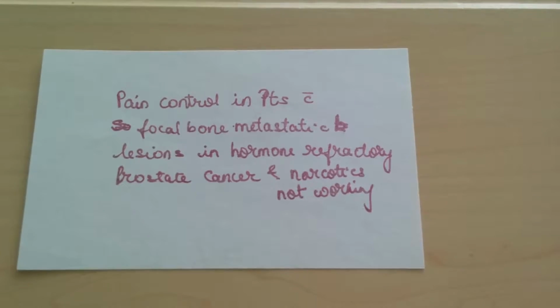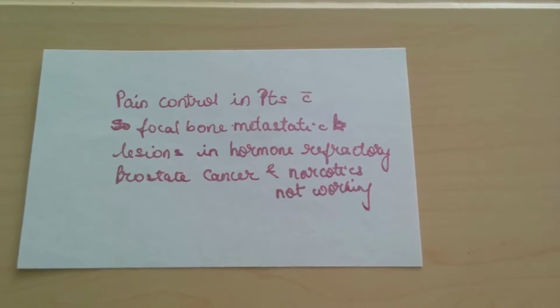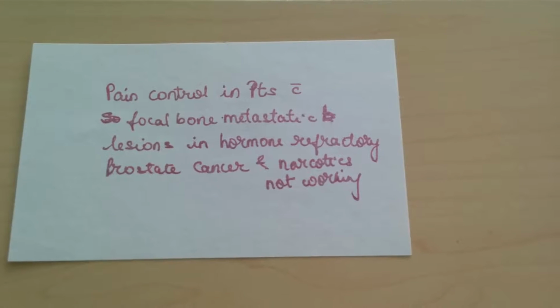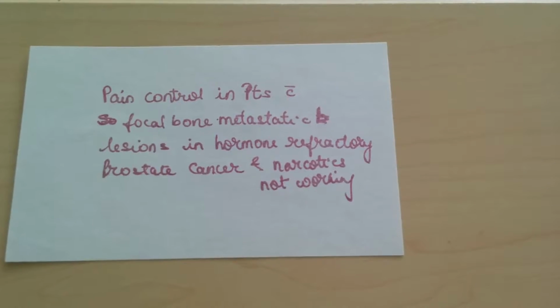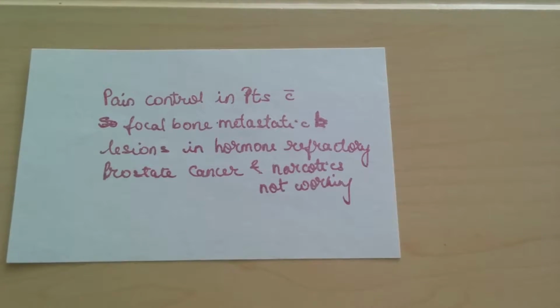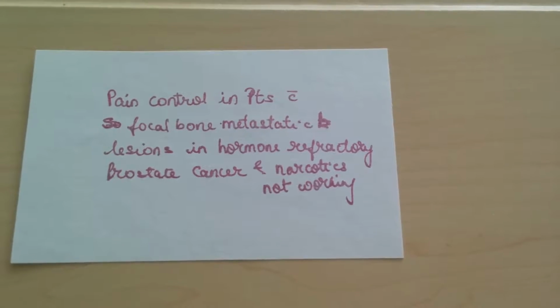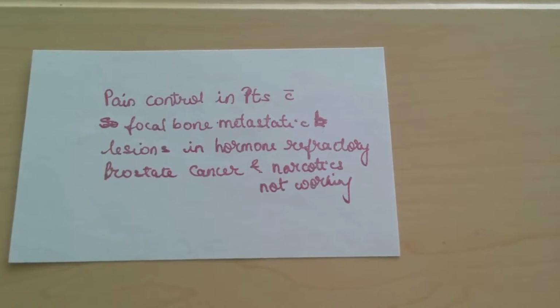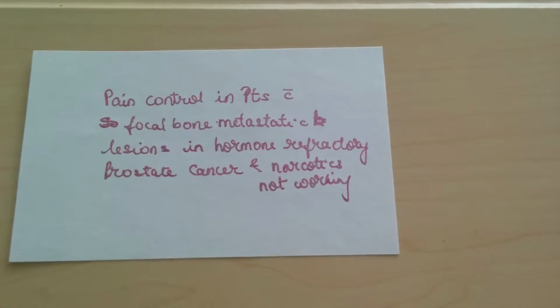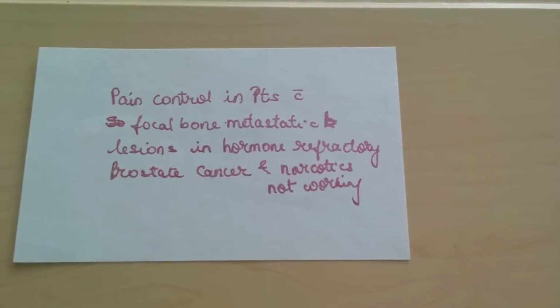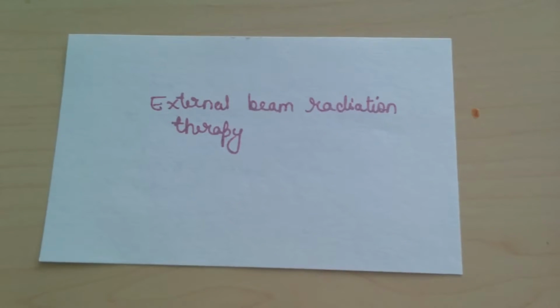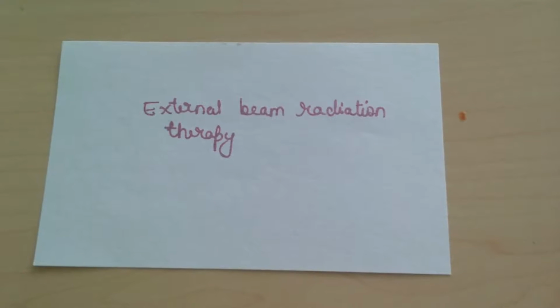So basically, a patient has prostate cancer which has spread to the bone, most commonly the spine, the vertebrae, which is an osteoblastic lesion and not lytic. You have tried the hormone therapy, you have tried narcotics, and still there is pain. So you will control the pain with external beam radiation therapy.